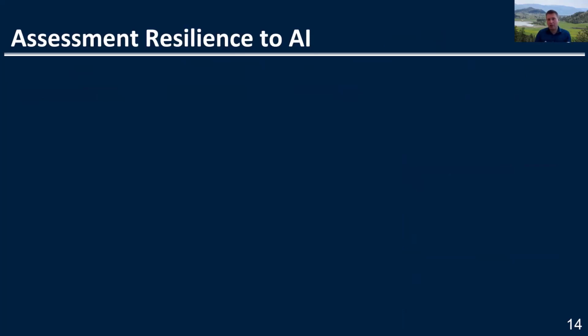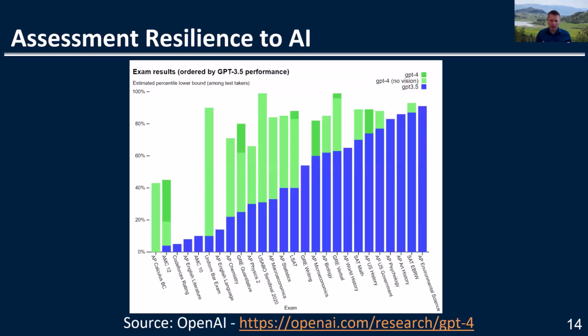Have you, as an instructor, if you're an instructor, taken your assessments and put them into AI and seen how it did? This is information from OpenAI. Version 3.5 is shown in blue bars. In green is performance of GPT-4. What you can see on standardized exams, ChatGPT and other similar Gen AI tools do exceptionally well.